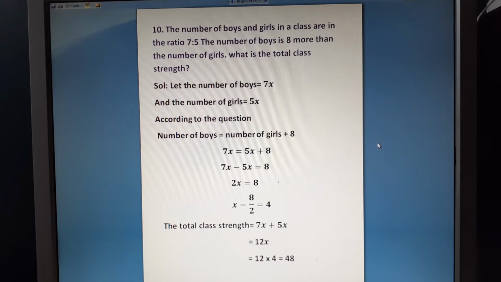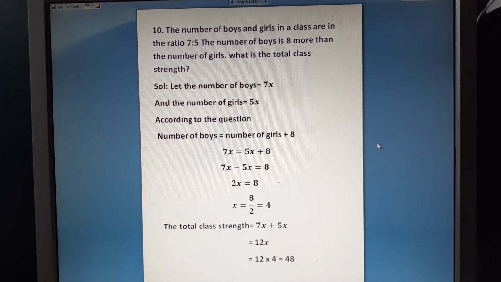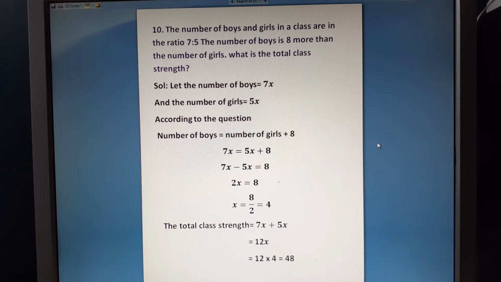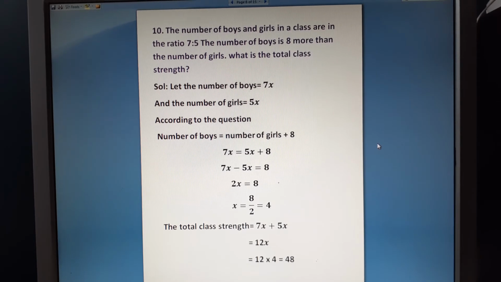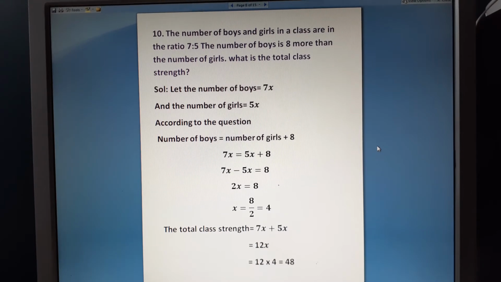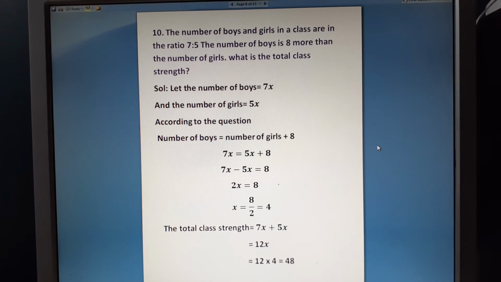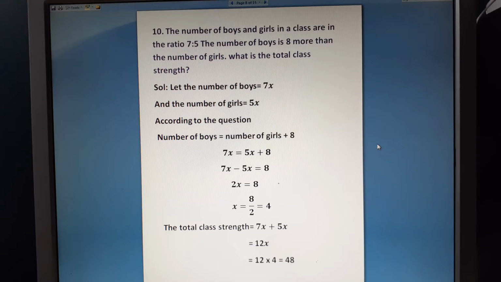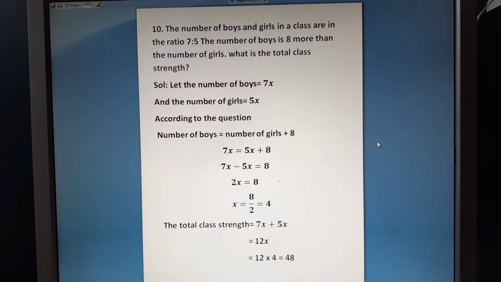Now we have to find out the total class strength. For that, we need number of boys and number of girls. Let the number of boys be 7x and the number of girls be 5x, because the ratio is given in your question, that is 7:5.